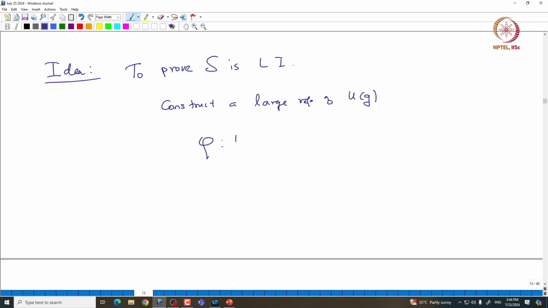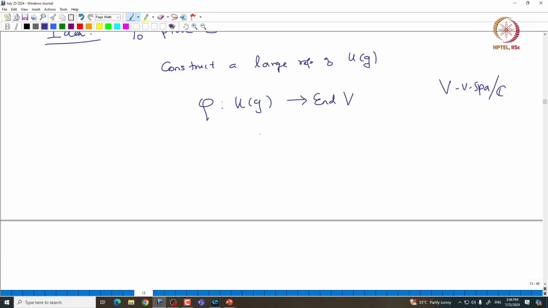So, that means you have a map phi from UG to the endomorphisms of V, where V, practically speaking, is an infinite dimensional representation. Okay. It is an infinite dimensional thing. So, now we can just assume it to be a vector space over C. So, now look at elements x coming from S and look at phi of x.